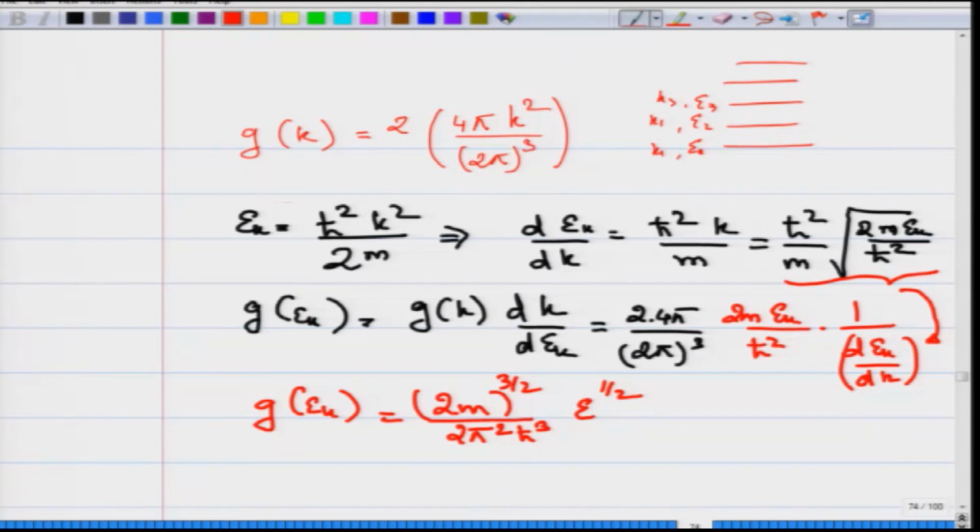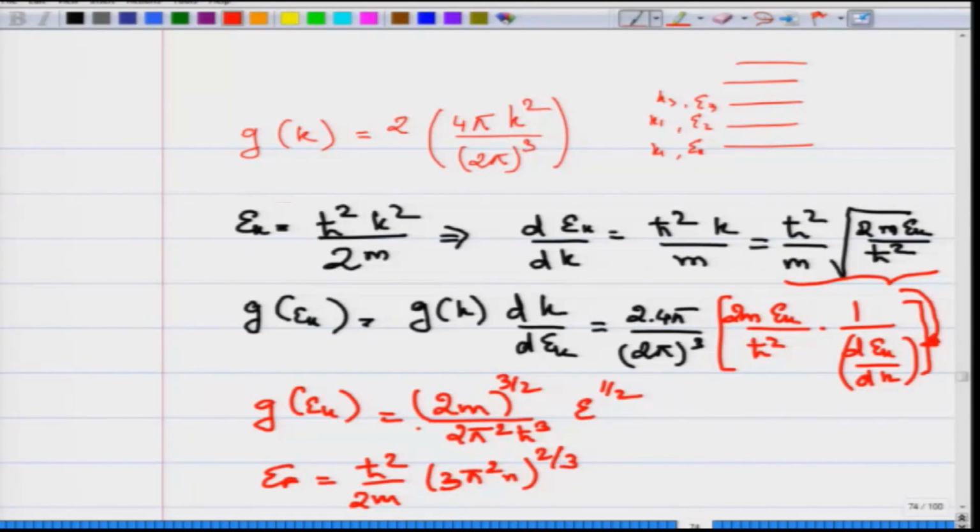This is the density of states that you get if you put all of this into this expression. And now recall that E_F is equal to h cross square by 2m, 3 pi square n raised to 2 by 3.